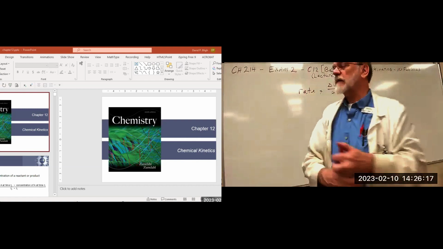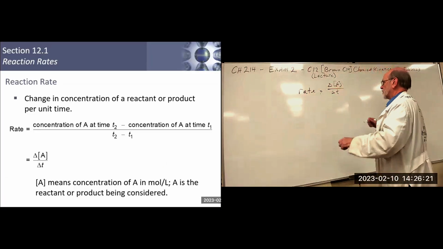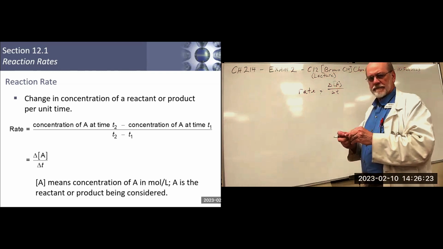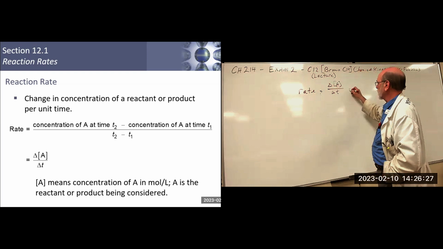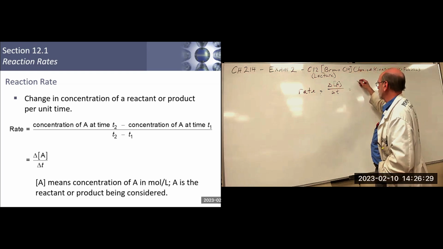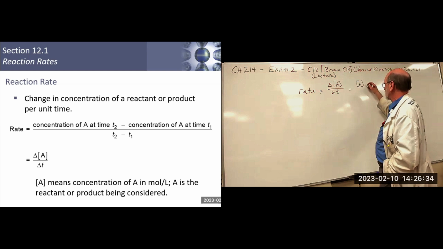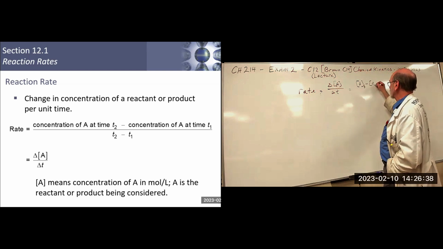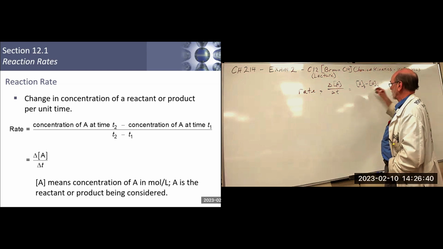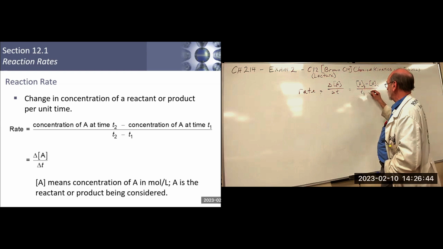There. Okay. All right. So remember, typically what we do is we say this would be in terms of the concentration of A, the final concentration of A minus the initial concentration of A. And this would be the final time minus the initial time.